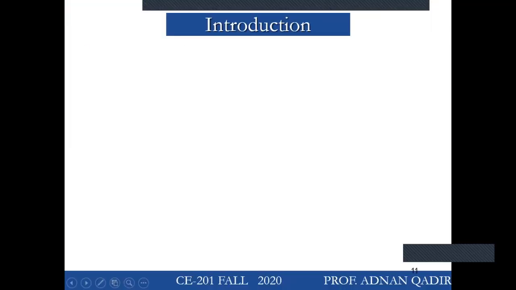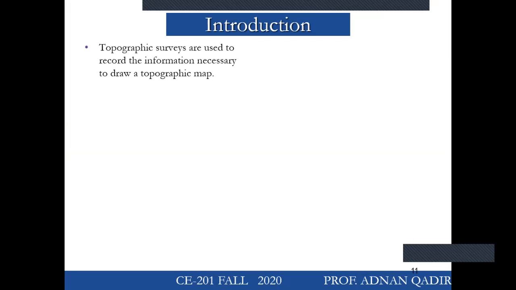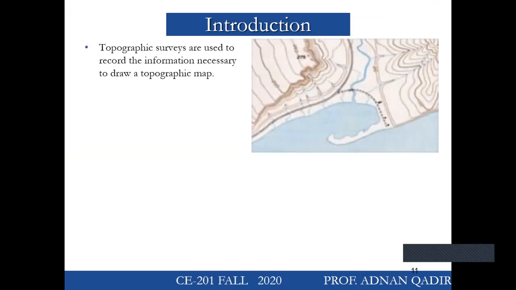So what is a topographic survey? Topographic surveys are used to record the information necessary to draw a topographic map. Now, topo maps are a two-dimensional representation of a three-dimensional object.